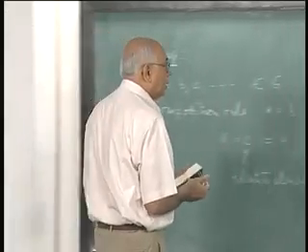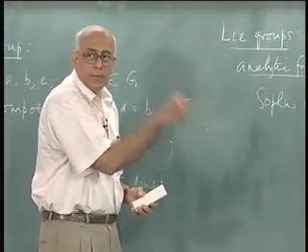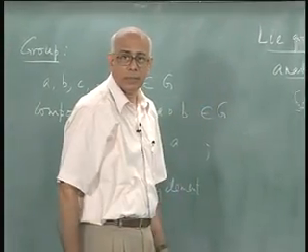So it's got close links with topology, very close links with differential geometry and so on, which we will not get into in many of these subjects, but we will talk mainly about Lie groups, and all the groups we are going to look at are essentially Lie groups of this kind.